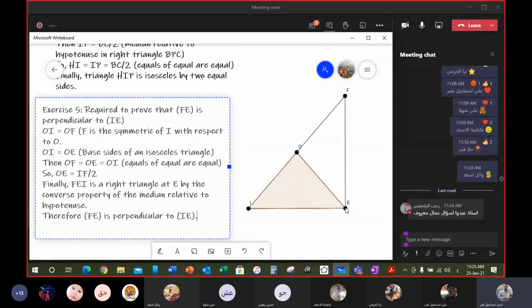And صار عندي هلا هون بهيدي الحالة صار عندي median بيساوي السايد اللي relative to it over 2، يعني ال FI over 2. فإذا بصير هذا triangle شو is right at E. بصير هذا triangle right at E by the converse property of the median relative to hypotenuse. Finally, when it is right at E, we have FE is perpendicular to IE.